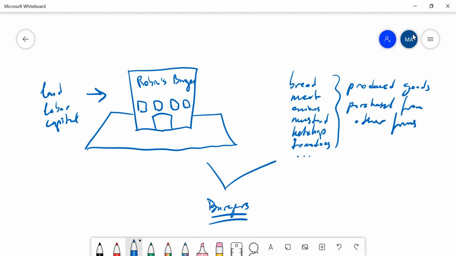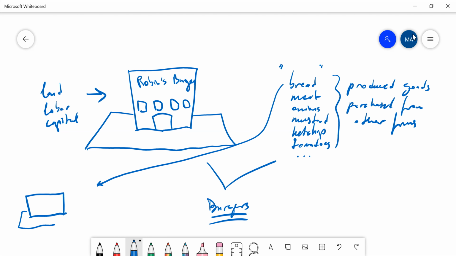So that's the idea. And of course, if you think about this carefully, there is another production of bread. This bread producer will also have his or her shop. There will be an oven there, so there's a land, there's a building.